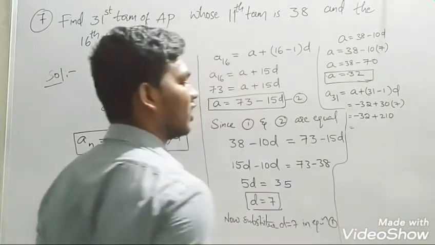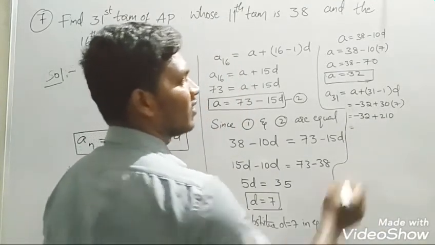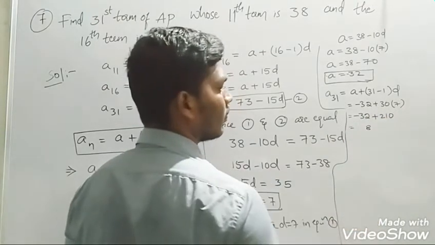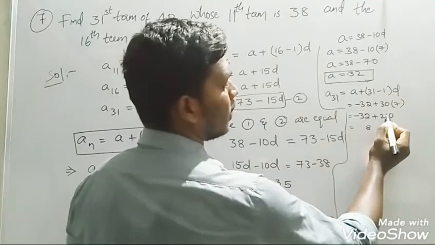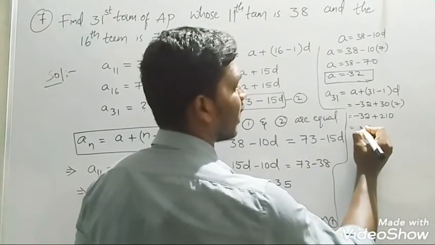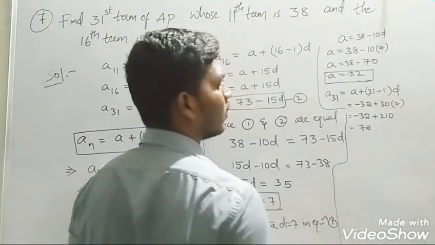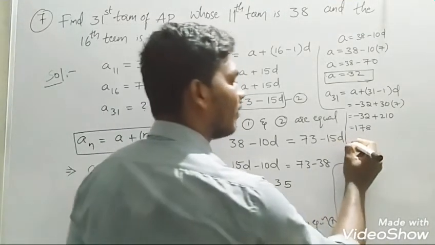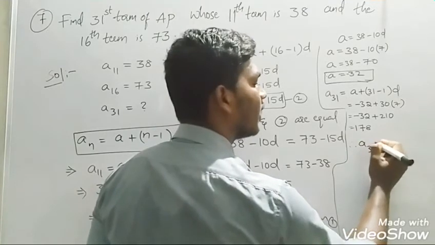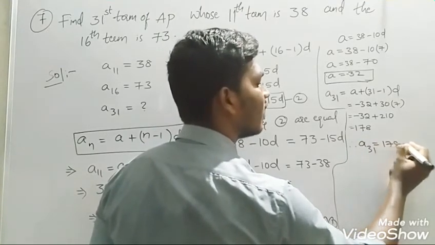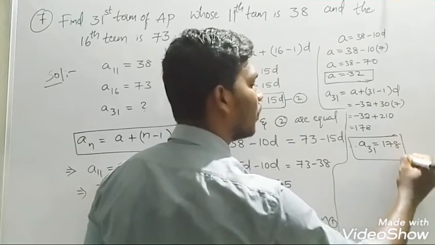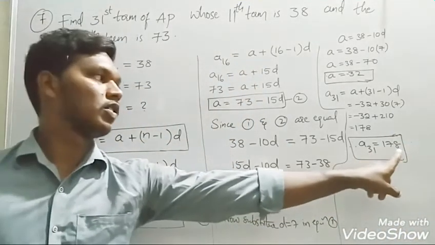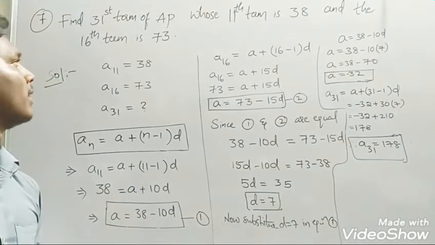Finally 210 minus 32: 10 minus 2 is 8, and 10 minus 3 is 7. So the value of a31 is equal to 178. Finally the 31st term is equal to 178.